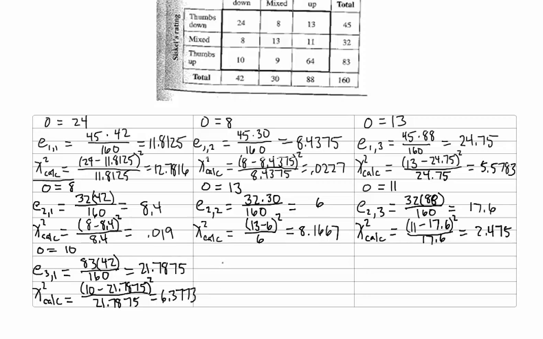For row 3, column 2, we have an observed value equal to 9. We have an expected value equal to 83 times 30 divided by 160, which is equal to 15.5625.